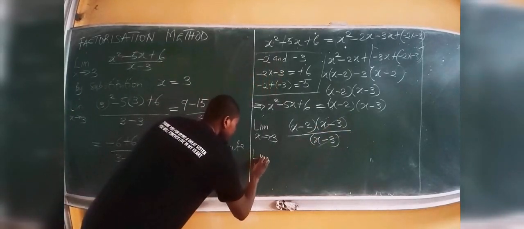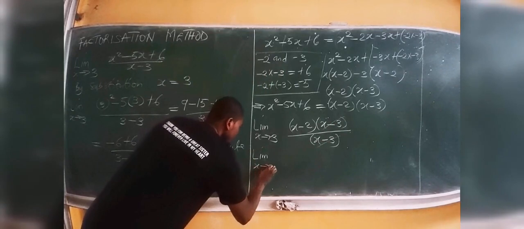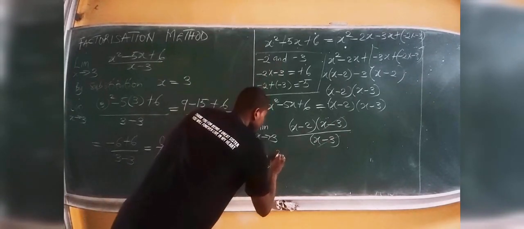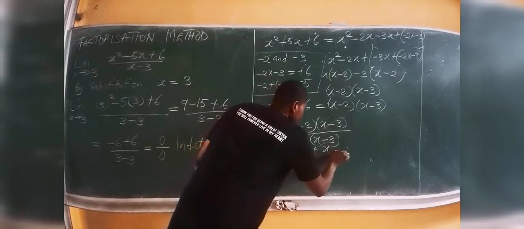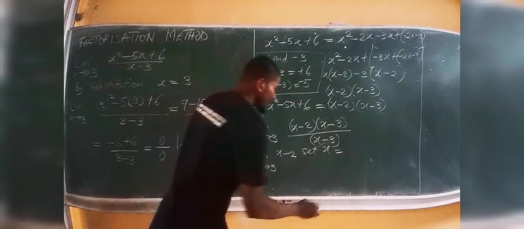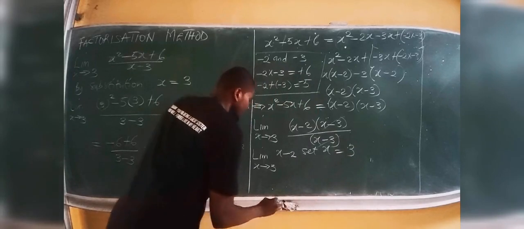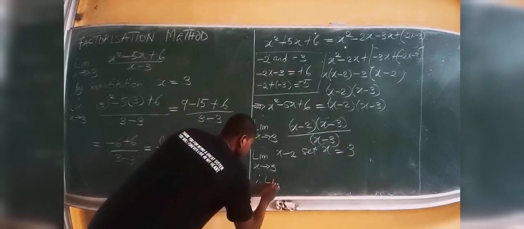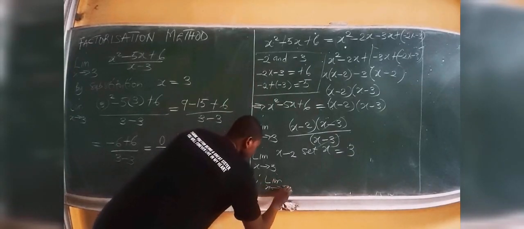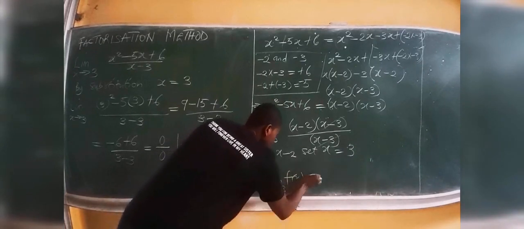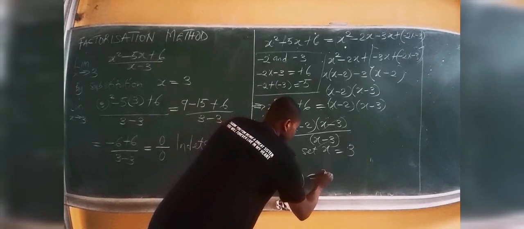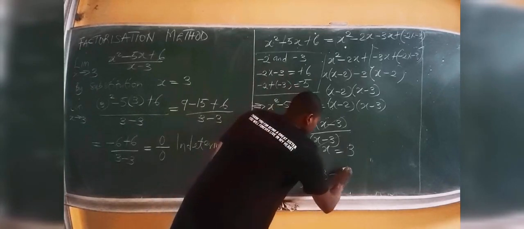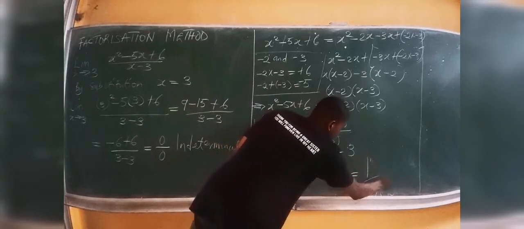You're left with the limit as x tends to 3 of x minus 2. So you simply set x equal to 3. Therefore, the limit as x tends to 3 of the given function f of x is equal to 3 minus 2, and the answer is simply 1.